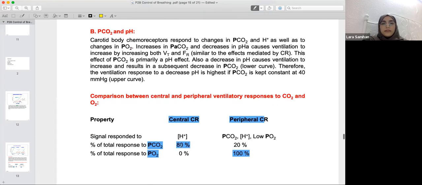Now moving on to this, which compares the difference between the central and peripheral ventilatory response. We have the central response and the peripheral response.